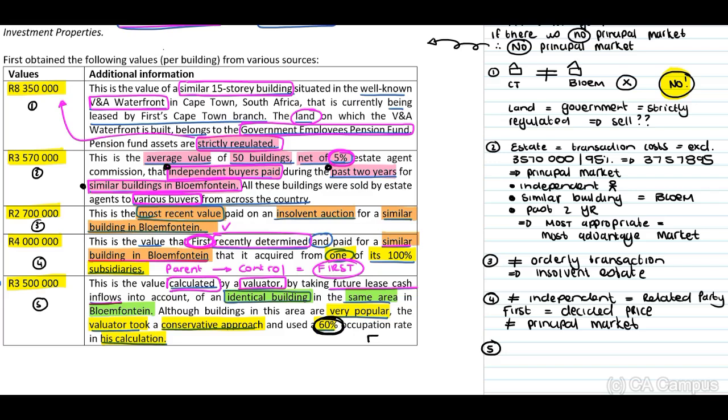Remember now, this is a building and we want to place a value on this building, right? Therefore, we want to use the highest and best use. Therefore, in terms of valuations, because this is a non-financial asset, remember, we want to use our highest and best use. Therefore, I think 60% is too conservative. But will 100% be better? Question mark.